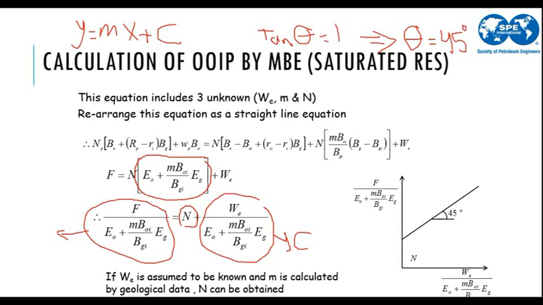So if we apply these equations, we would find that tan theta here is equal to 1, so theta is equal to 45. We will have a straight line with the slope N, and it should be making 45 degrees with the horizontal line. Okay, are we clear? Great.